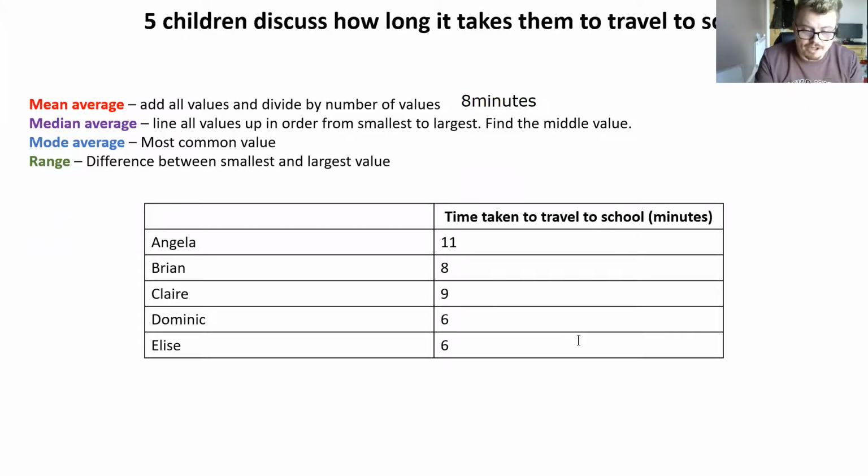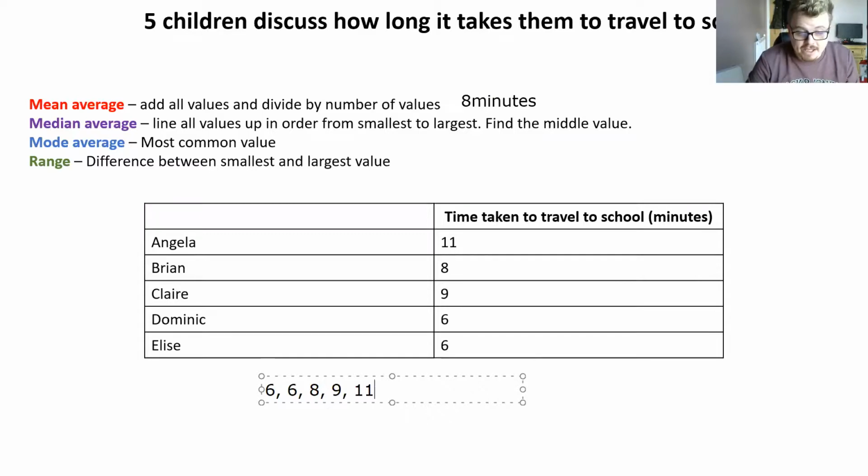Now the median average, what that requires us to do is line all the values up in order from smallest to largest. So if I write the data down the bottom here, we have Elise took 6 minutes, that was the smallest, but that was the same as Dominic, who also took 6 minutes. Brian took 8 minutes, Claire took 9 minutes, and Angela took 11 minutes. So you can see I've lined up the data from smallest to largest.